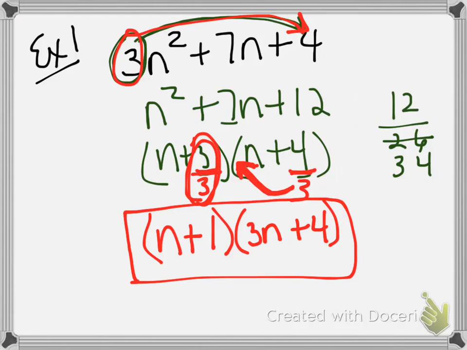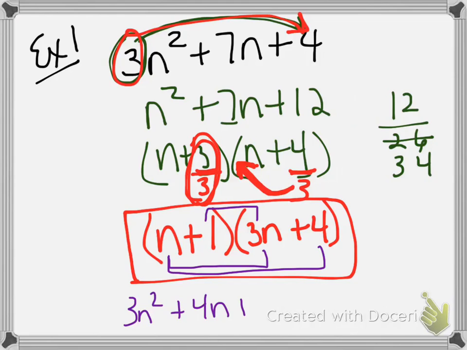Now, if you don't believe me, or if you're not sure I did this correctly, let's check this out. If I were to use FOIL on this problem, n times 3n would be 3n squared. n times 4 would be 4n. 1 times 3n would be 3n, and 1 times 4 would be 4.